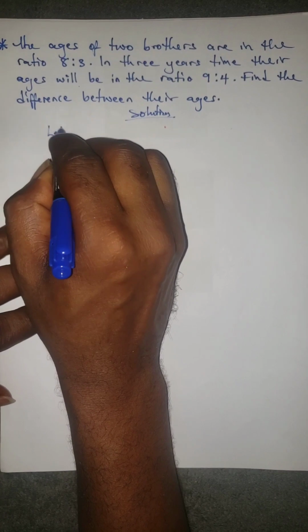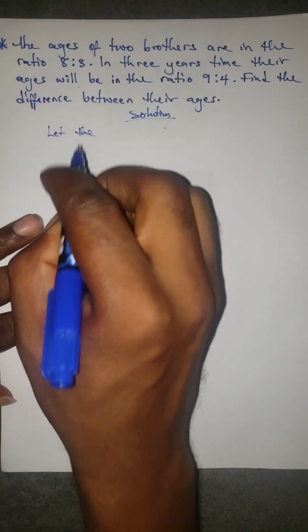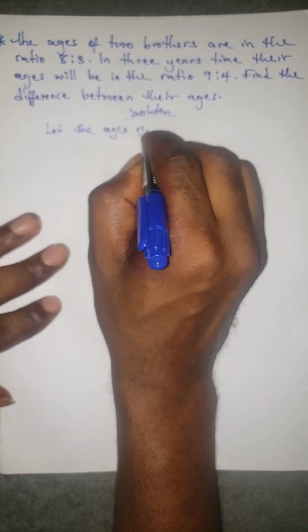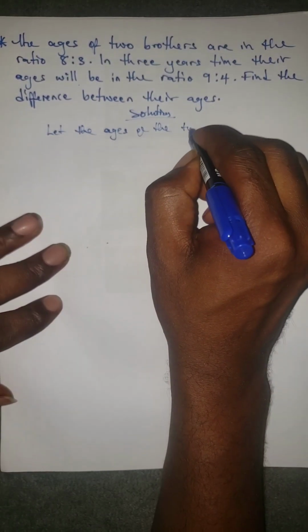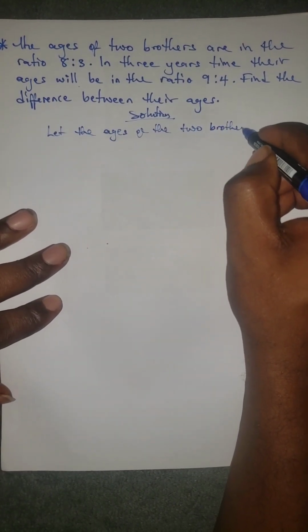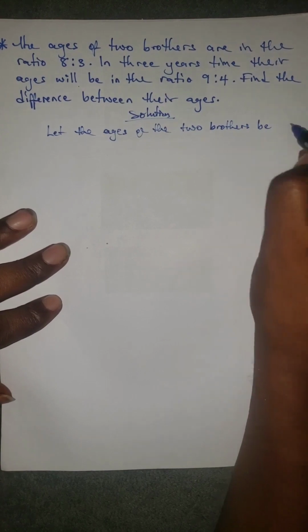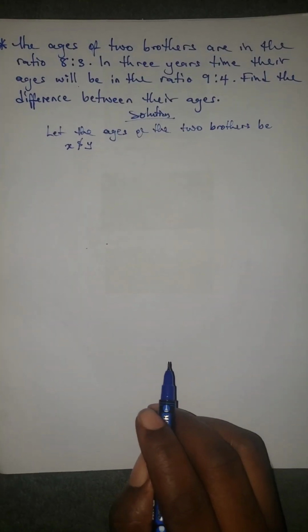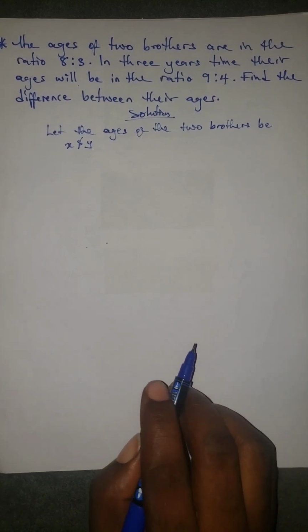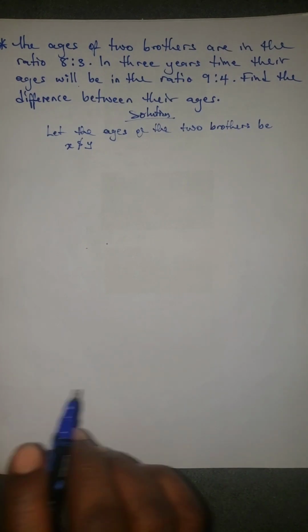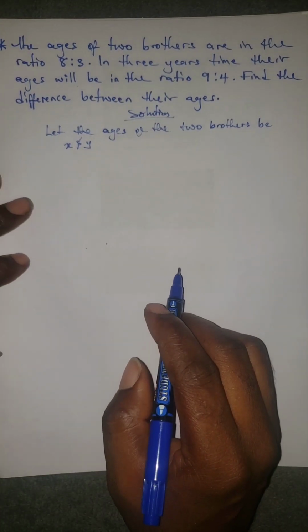So let the ages of the two brothers be x and y. So x and y are the variables we are going to use, and that is going to be the ages of the two brothers. Now, presently, the ratio of their ages is 8:3.